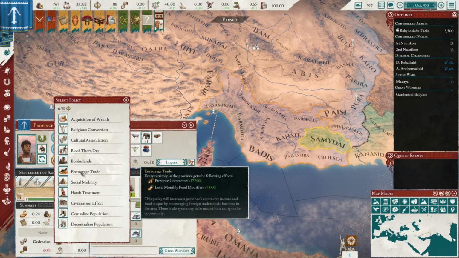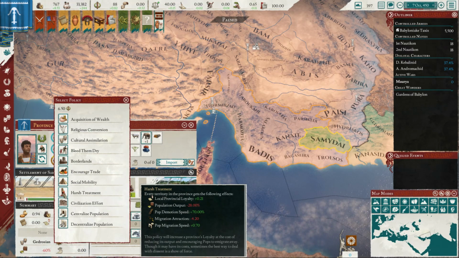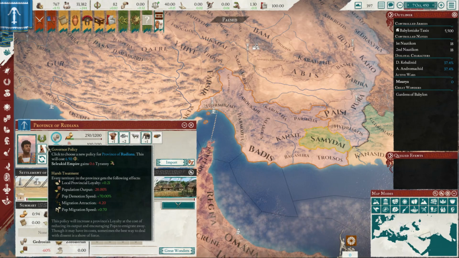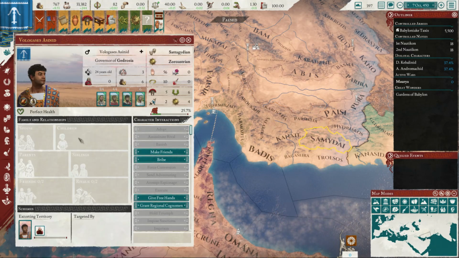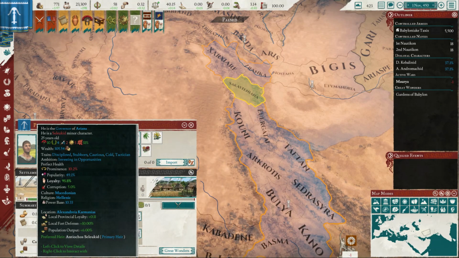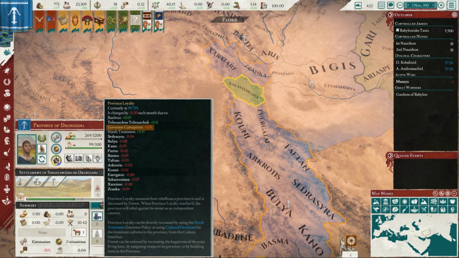The harsh treatment policy is particularly effective at keeping province loyalty stable until you can figure out a way to reduce unrest. The amount that the harsh treatment policy increases province loyalty by depends on the finesse stat of the governor you have assigned. Speaking of governors, be careful of the corrupt ones. The more corrupt a governor, the bigger the decrease in province loyalty.